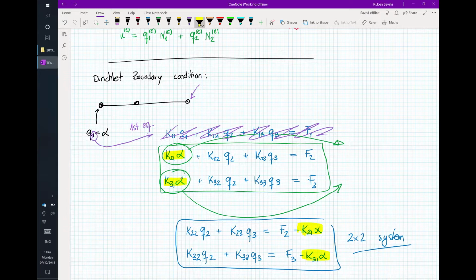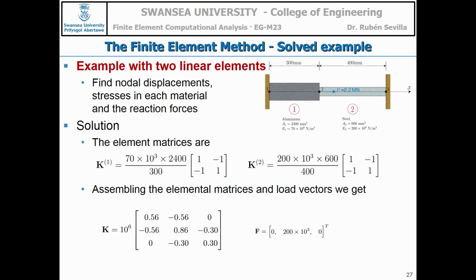Right, where are we? Is it clear? Okay. So here is an example. It's a very small one, but you have 3 nodes, 2 elements.